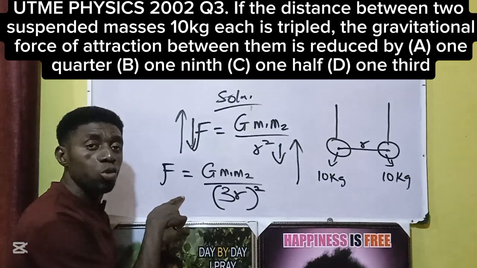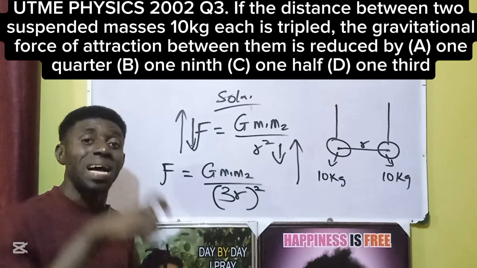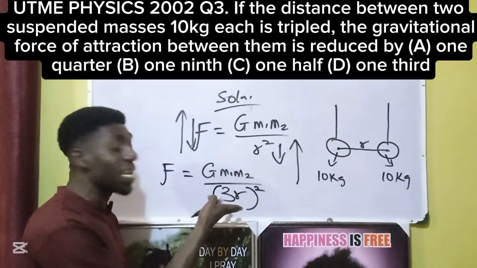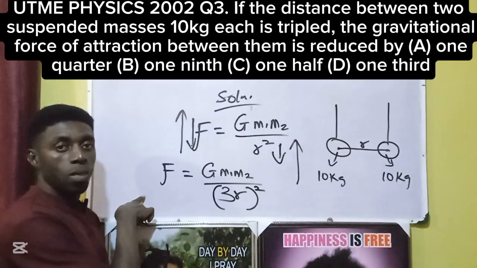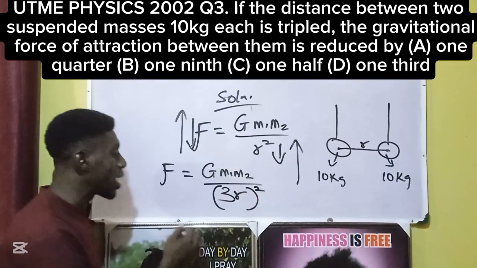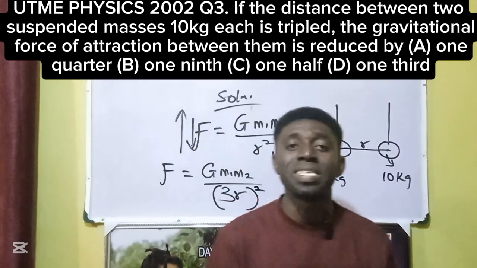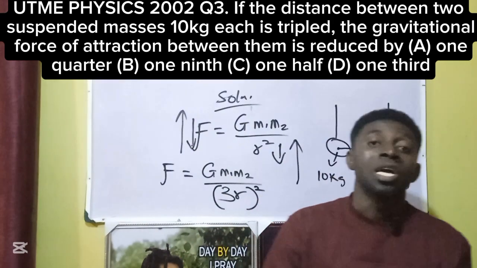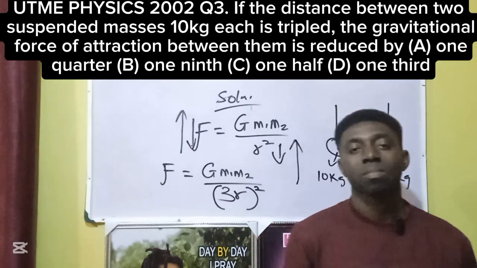So we've observed what the question demands: that the gap must be tripled. Then let's see the impact on our force. We need to solve further to see the impact of this gap tripled. When something is tripled, it simply means that the variable is being multiplied by 3.